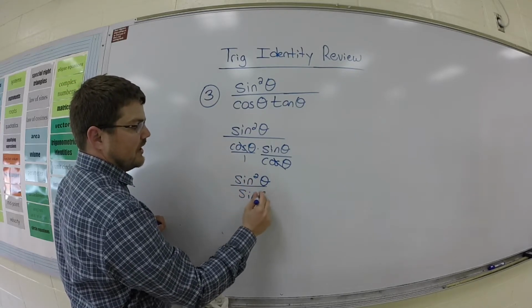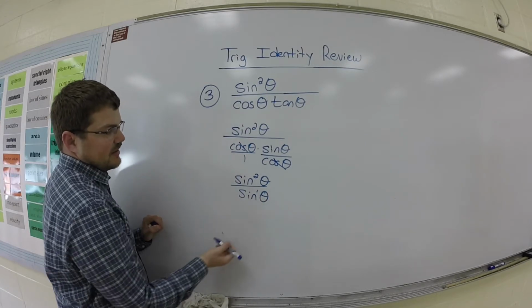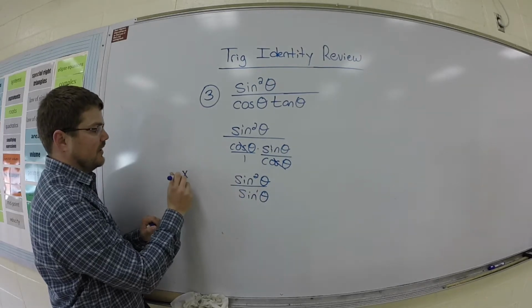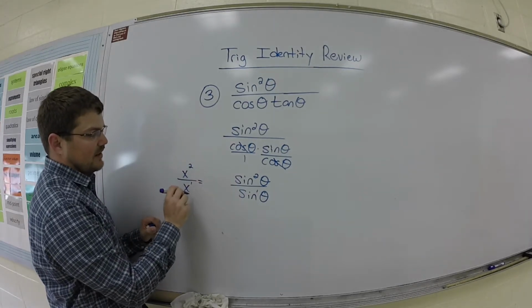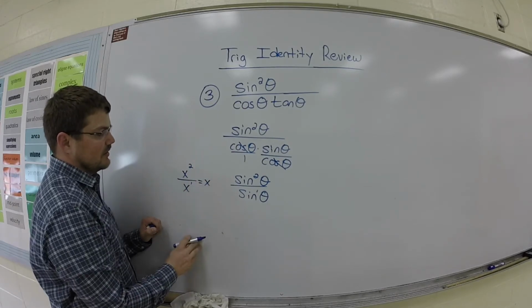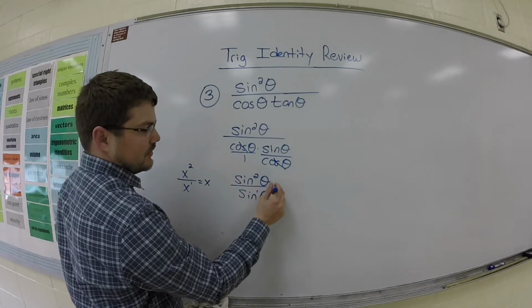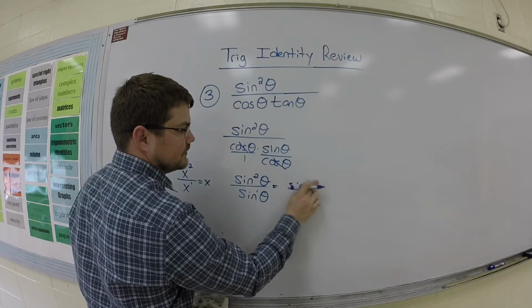Think about your exponent rules. This is sine to the 1. If you have x squared divided by x to the 1, we're subtracting the exponents, so that's just x. Same thing here, we're subtracting, so this is going to be just sine theta.